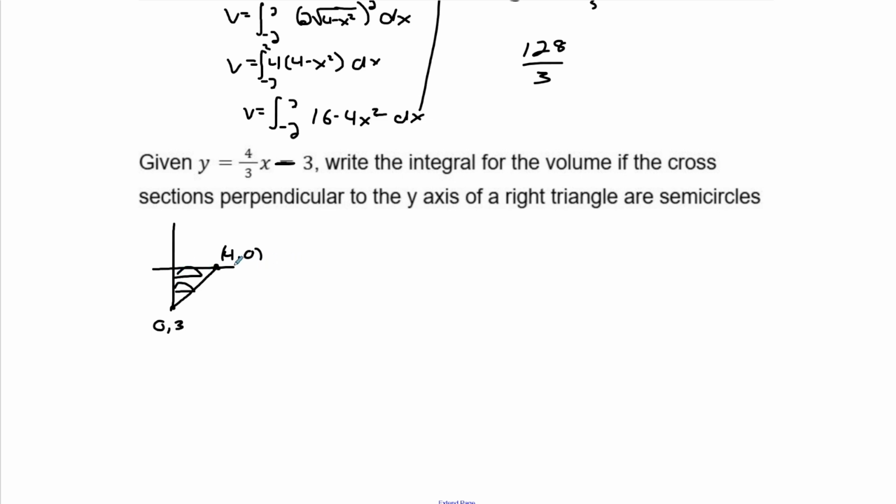Okay, so if we are perpendicular to the y-axis, we need to get this in terms of x equals something in terms of y. So we can say that y plus 3 equals 4/3 x. So we would say 3/4 y plus 9/4 equals x, right? And what does this represent? This just represents our x in terms of y, so if we were going out this way, right?